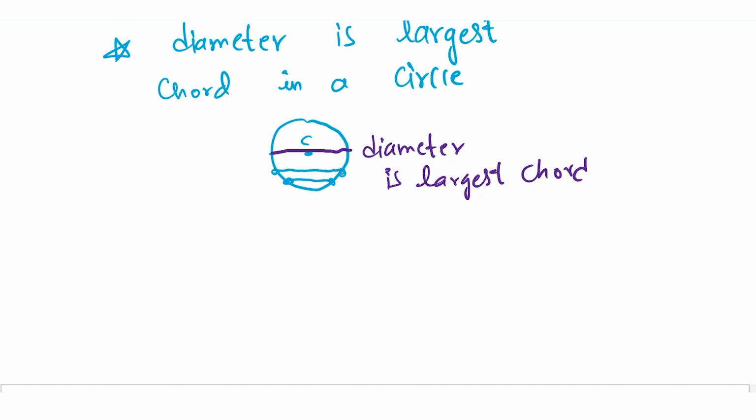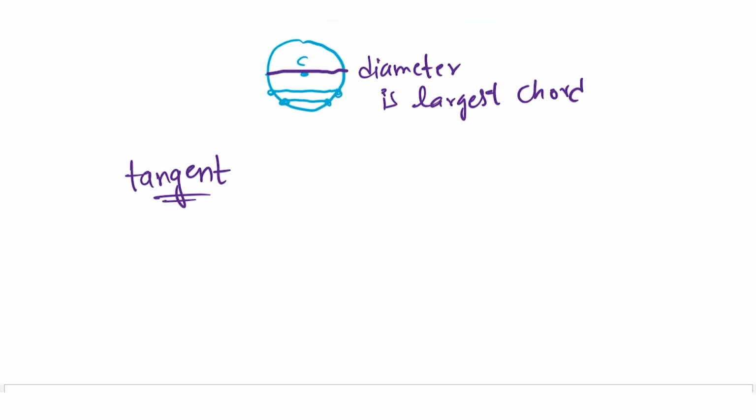And what is a tangent? Let's say there is a circle like this. Let's say there is a secant line.